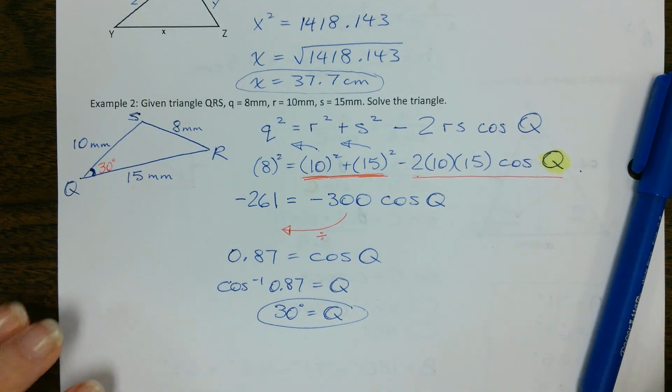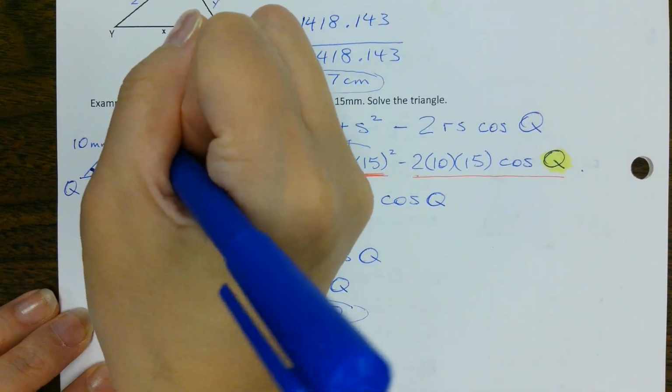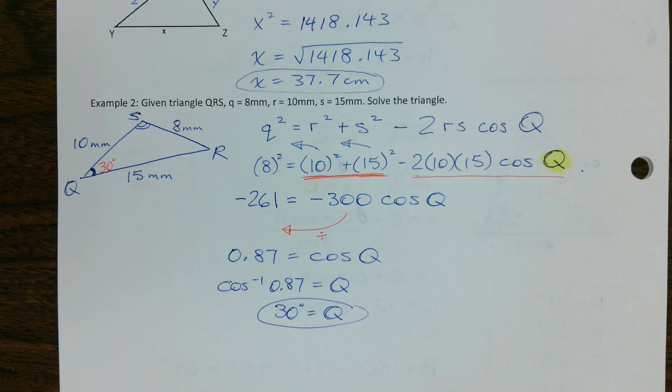how do I solve for length s, for example? To solve for s, do I use sine law? Do I use cosine law? Yeah, you could. I was hoping that some people would raise their hand, and then I would say you're both right.